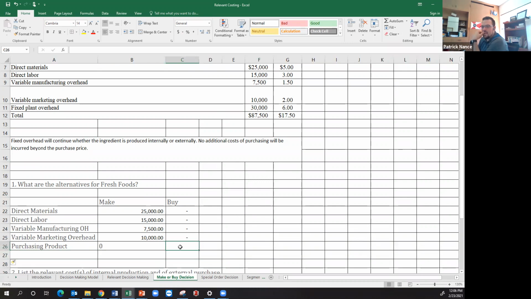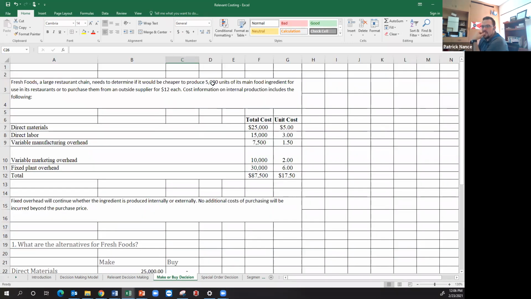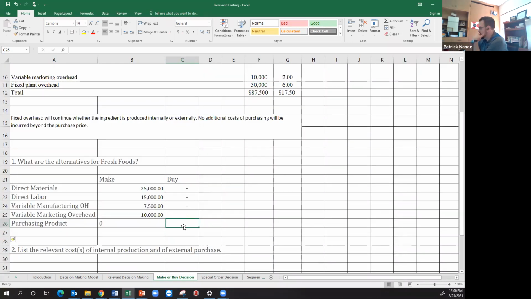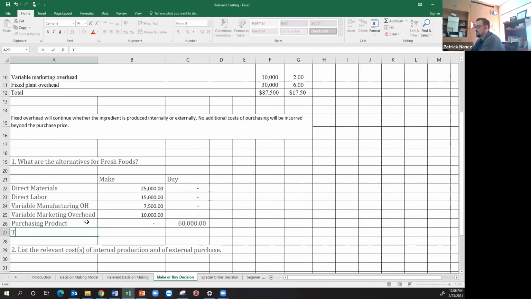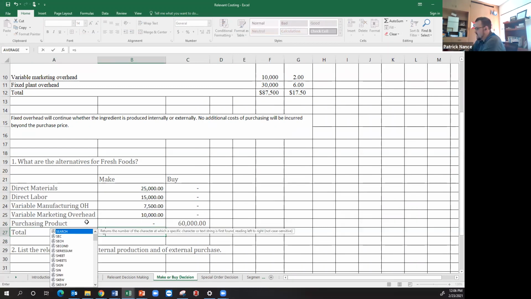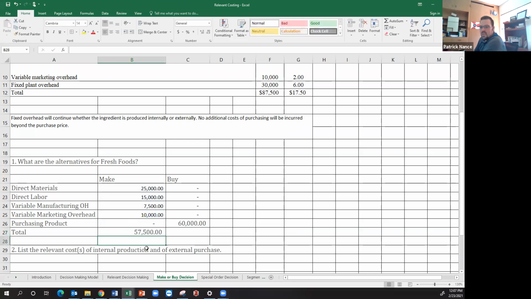But if I buy it, I would, and the cost would be 5,000 units times $12 per unit. So my total cost here is $57,500 to make it. And my total cost here is $60,000 to buy it.